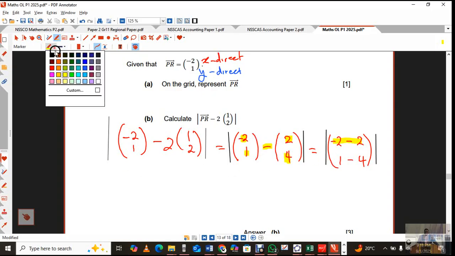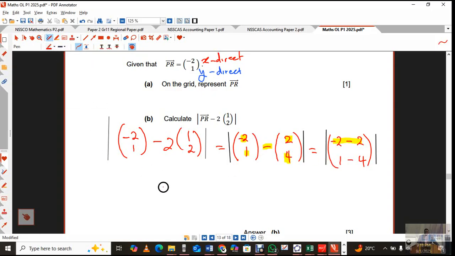Okay. So I'm just going to write it over here. I'm going to get (negative 4, negative 3). And now I'm going to have to take the distance of that. So what is going to be the magnitude of that?